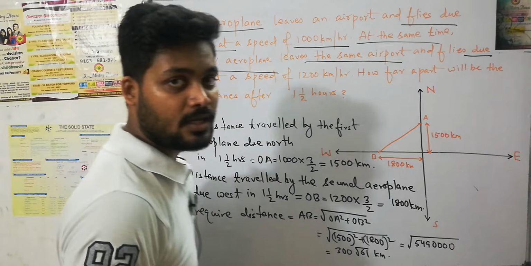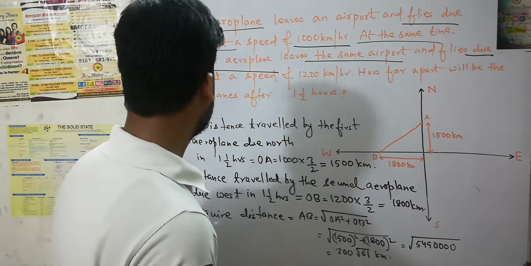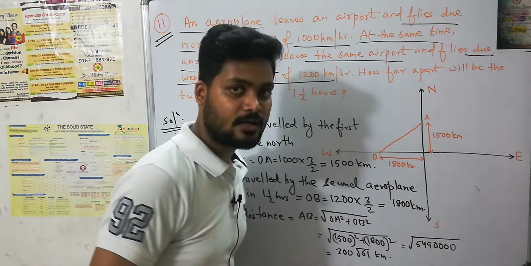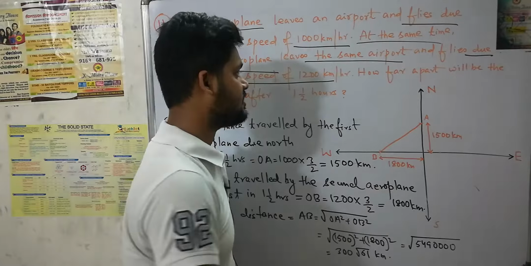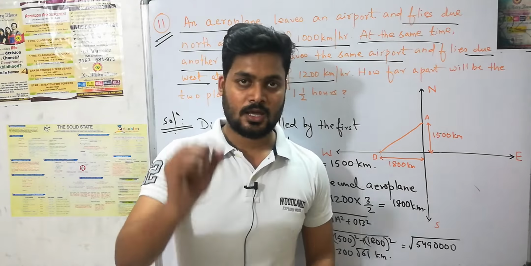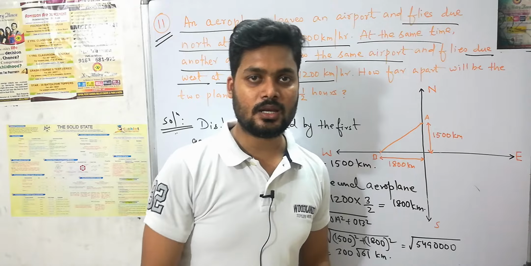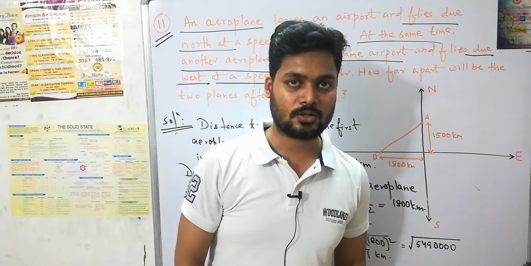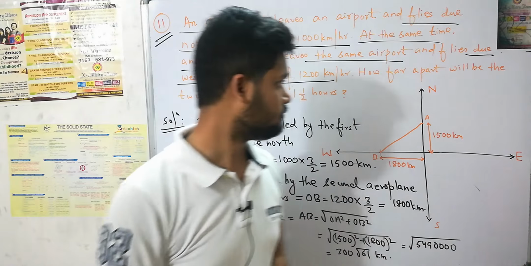At what speed? At a speed of 1200 km per hour. That means in 1 hour, that aeroplane will travel a distance of 1200 km.